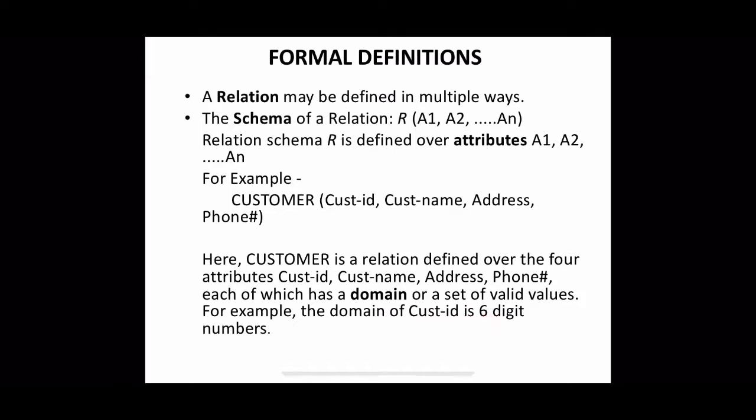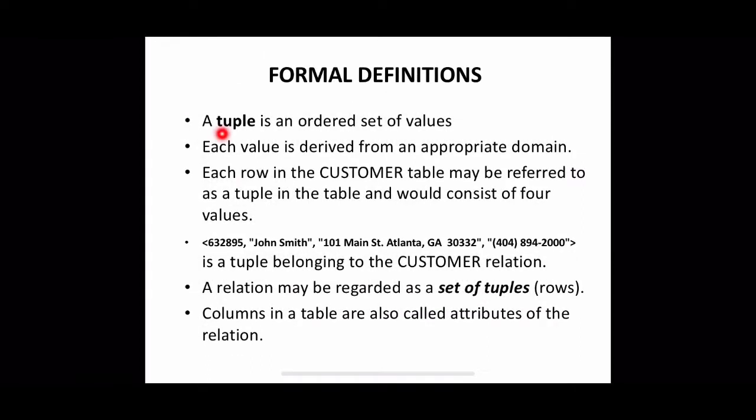Like that, any attribute will have a domain, the set of possible values. The easiest method to define the domain is the data type for the corresponding attribute, like the set of integers or the set of strings, to which we can add some constraints also. The next term is tuple. A tuple is an ordered set of values, and each value in the tuple is derived from an appropriate domain.